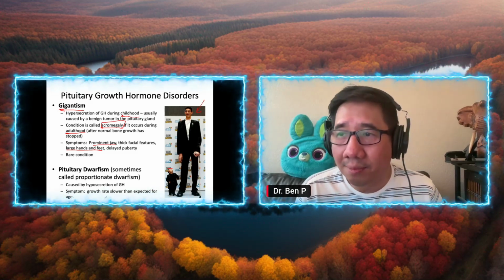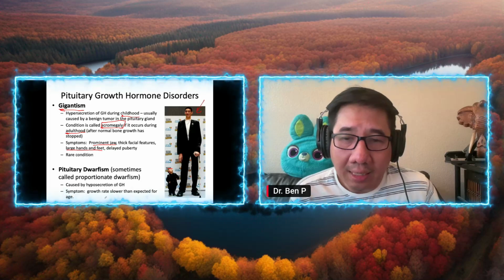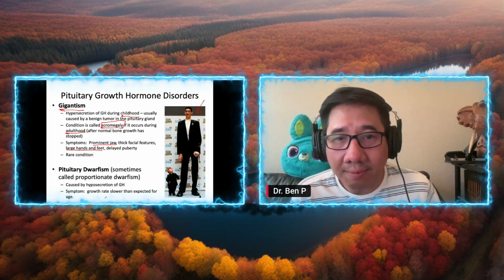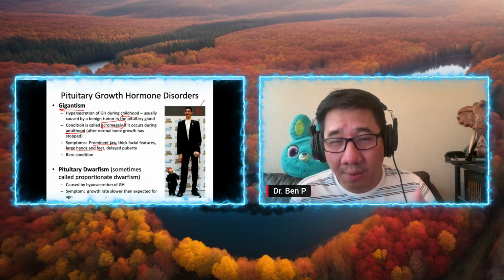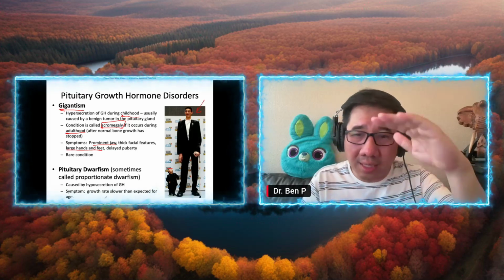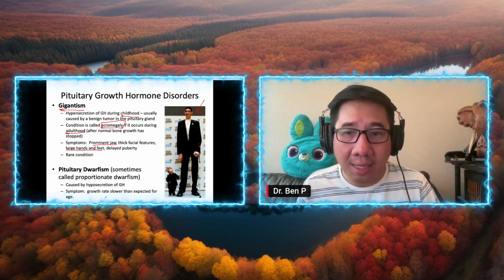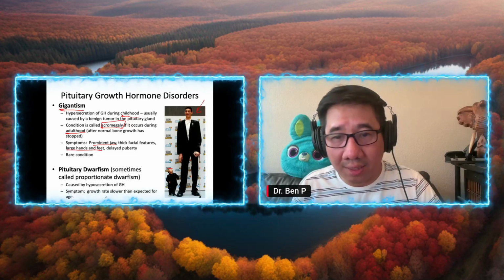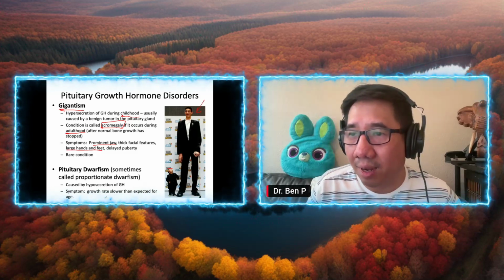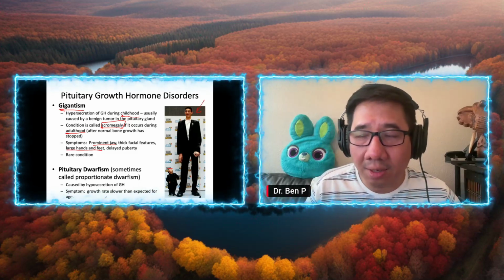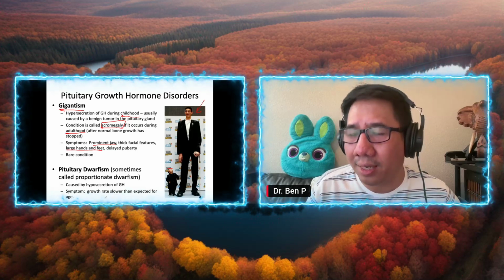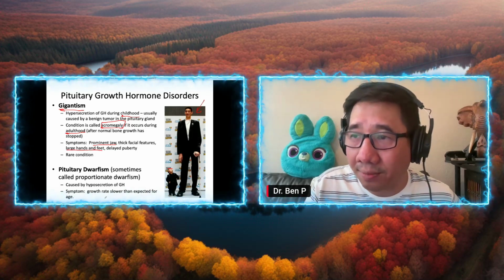The most common one is called achondroplasia. This is where they are short in their torso. Their arms and legs are like everyone else's, but their torso is much smaller. So that's called achondroplasia.